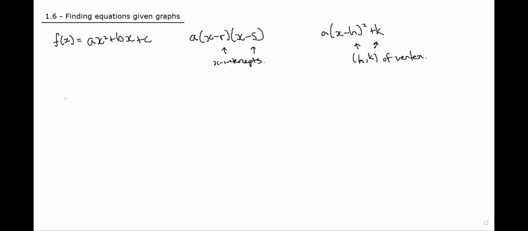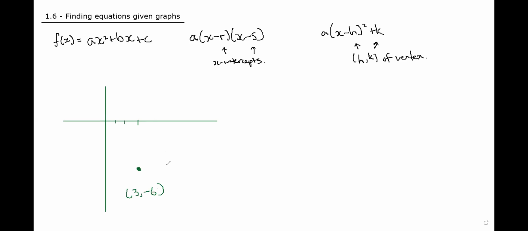Okay? So here's another example. How about I do a different one this time? How about I just flip it? 3 and negative 6.